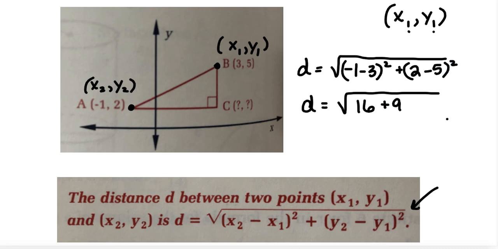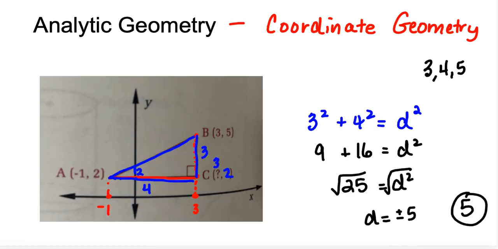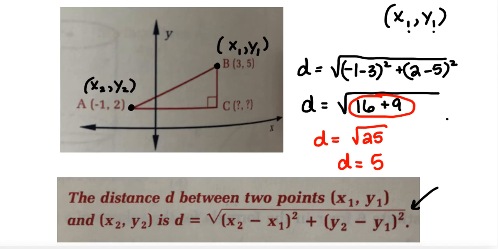The square root symbol is a grouping symbol in the order of operations, so you have to do each of these pieces first and add them before you take the square root. That gives me d equals the square root of 25, which is a distance of 5. So using coordinate geometry, you can use either the Pythagorean theorem or the distance formula.